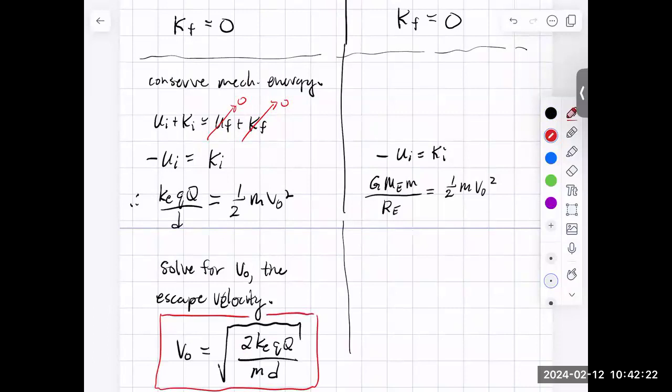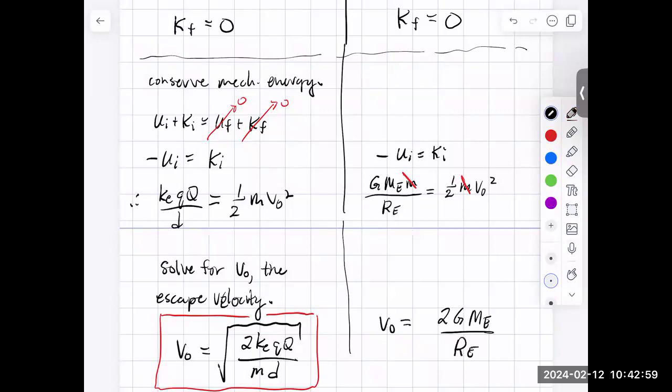There's one subtle difference for our rocket problem. The kinetic energy and the potential energy are both proportional to the mass of the rocket, so we can cancel those factors of the mass. Now we solve for v0: it's the square root of 2G times the mass of the Earth, divided by the radius of the Earth.